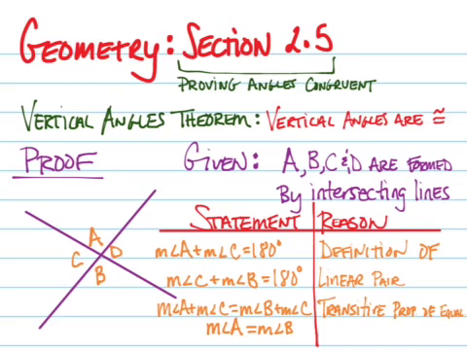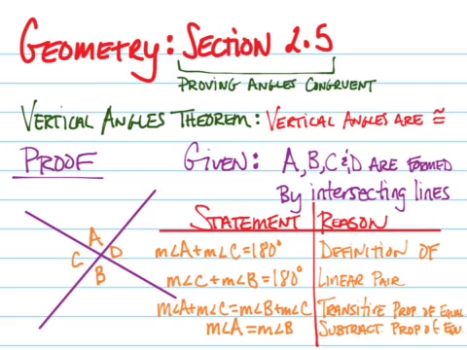All right, so I have measure of angle A plus measure of angle C equals measure of angle B plus measure of angle C. How do I get to the next line? Measure of angle A equals measure of angle B. Which property of equality? Subtraction, right? My subtraction property of equality. Well, if the measures of A and B are the same, what do I know about the angles?